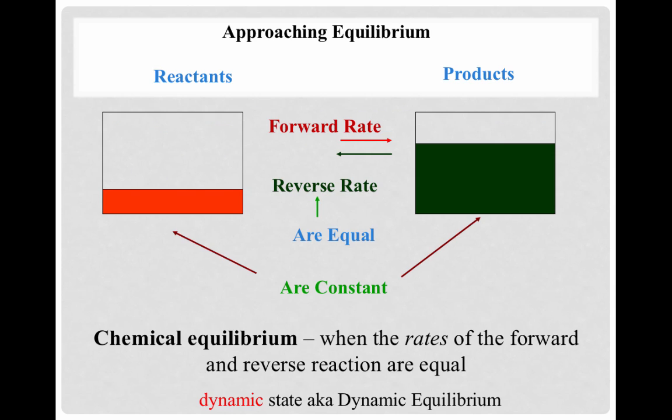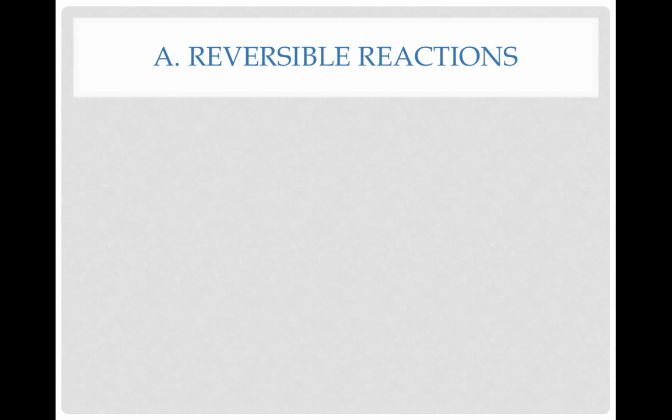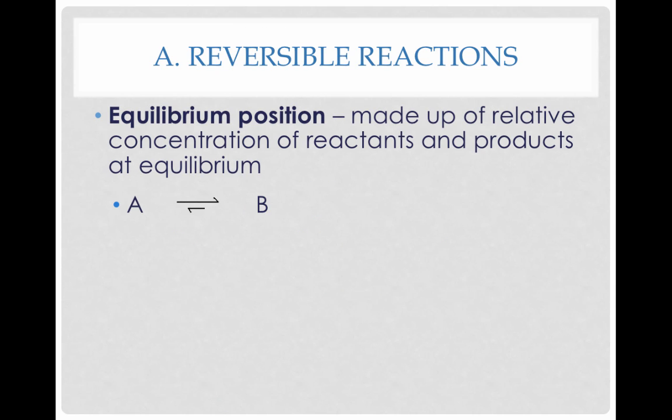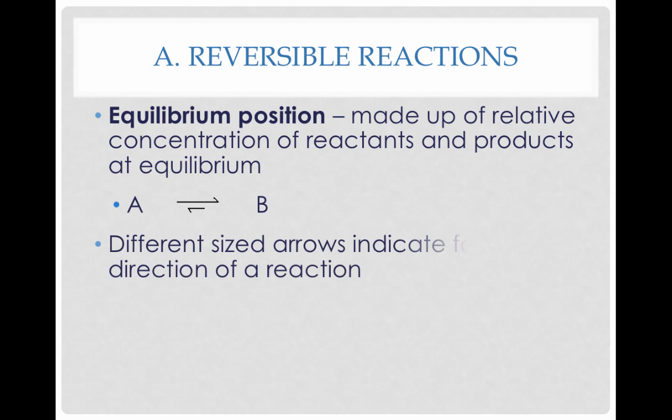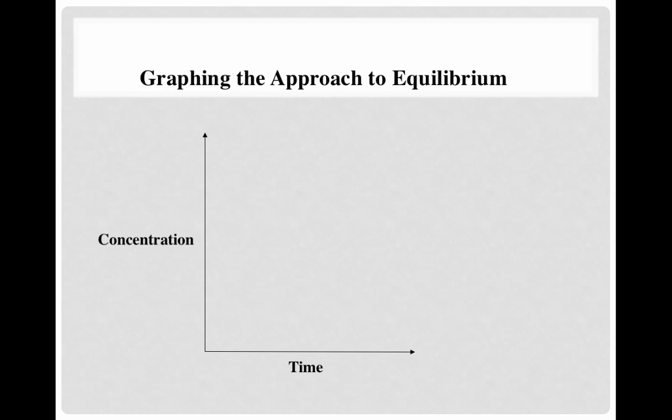If you look at this graph, you can see that there's clearly more product than reactant at equilibrium. I would say in this situation that the products are favored because there's more of them. That's what this arrow is showing from A to B. The longer arrow shows the favor. So the product, which is B, is favored in the reaction. Therefore, you would find it in a larger concentration at equilibrium.